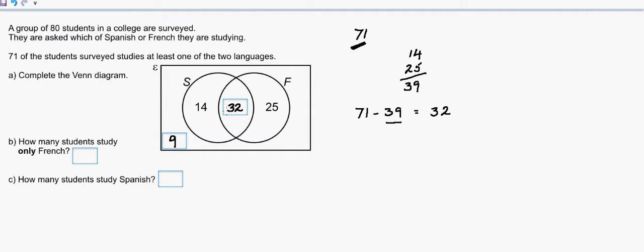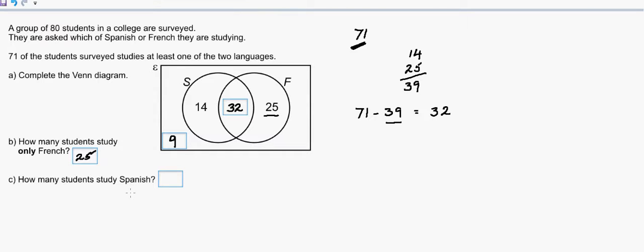Okay, so now we've completed the Venn diagram. So now answering any questions after this is a cakewalk. So how many students study only French? Only French is here, not in the intersection, so we can say 25. And how many students study Spanish?